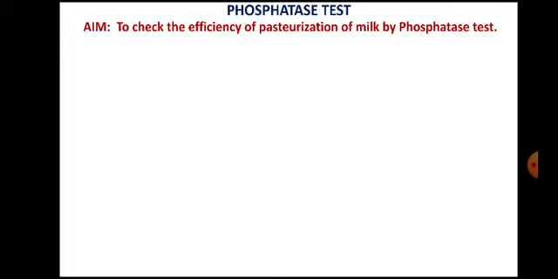We can categorize this under microbiological quality of milk, because this is related to microbial contamination and its destruction by the pasteurization technique, that is, exposure of milk to high temperature for a definite period of time. So the aim of this practical is to check efficiency of pasteurization of milk by phosphatase test.